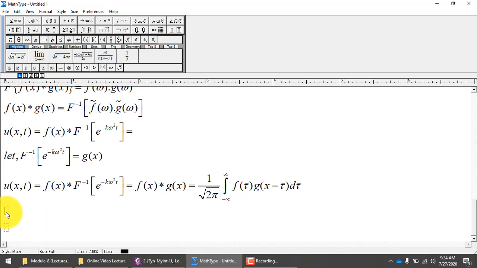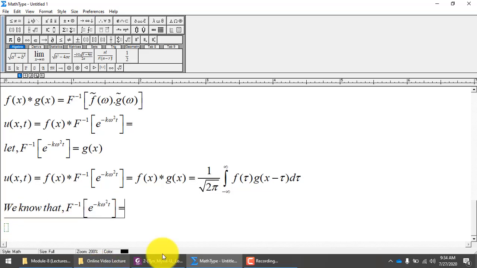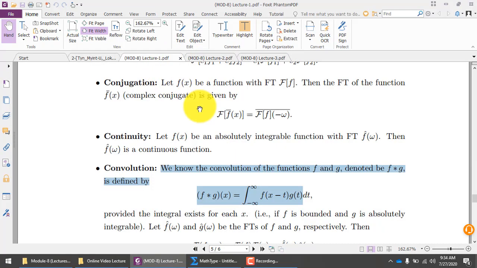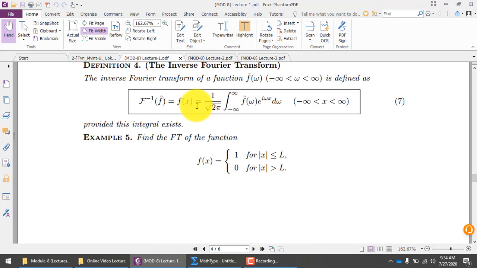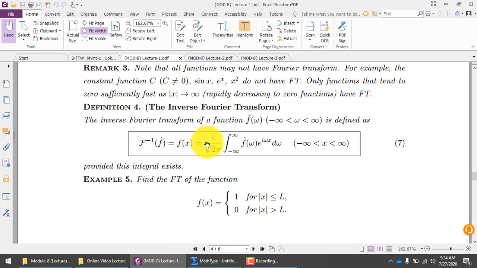By definition, if you remember the lecture slide, the Fourier inverse of any function was 1 over square root 2 pi, integral from minus infinity to infinity, f cap or f tilde and e to power iota omega x.